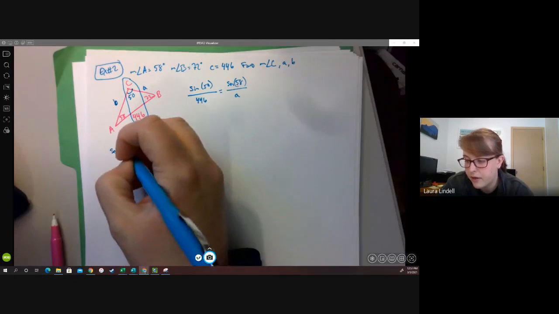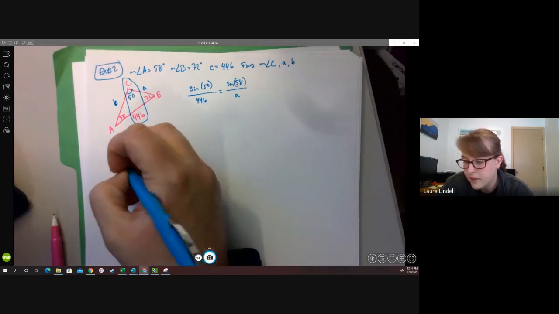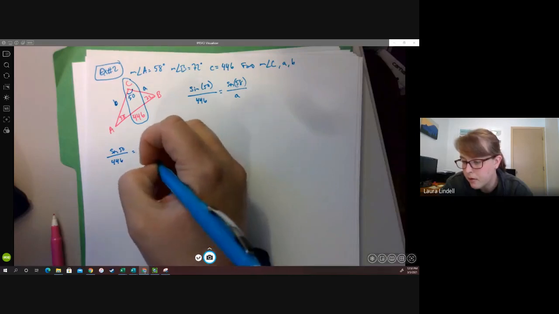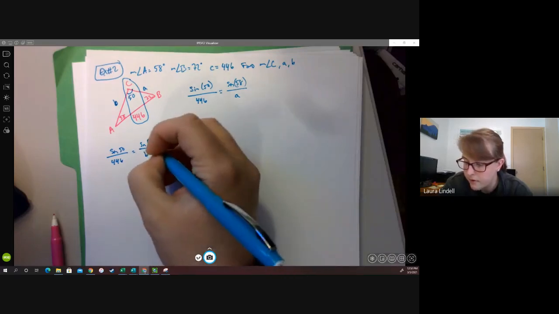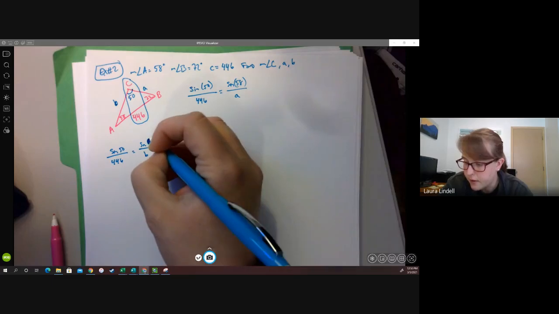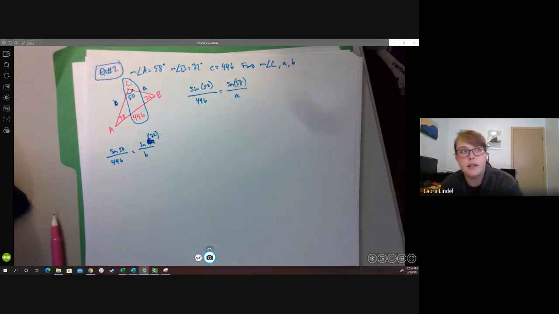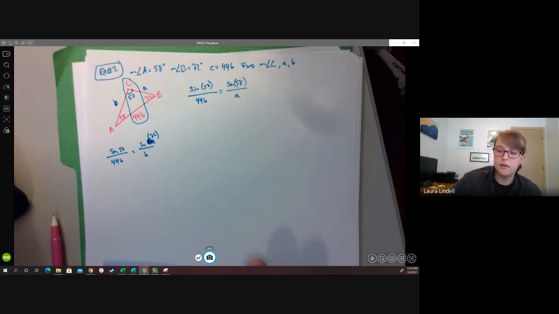Sine of 50 over 446 is going to be equal to sine of 72, which is B, over side length B. Okay, so now that we've set them up, go ahead and solve both of those. When you think you've got side length A and side length B, type "got it" in the chat.